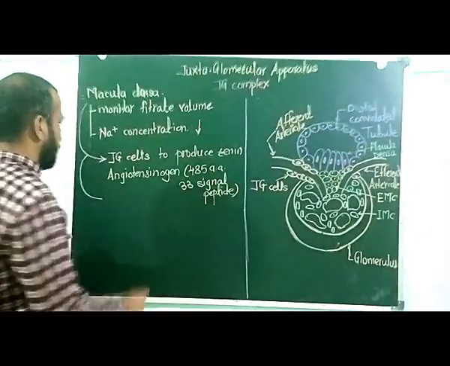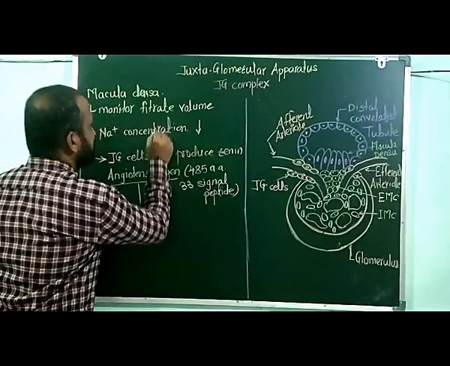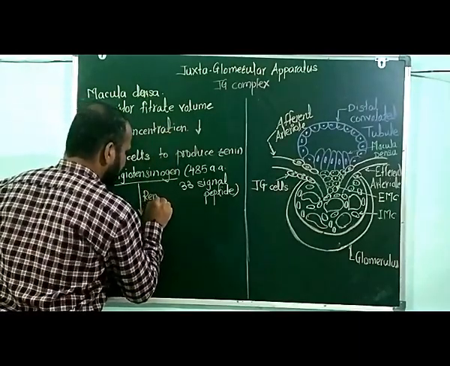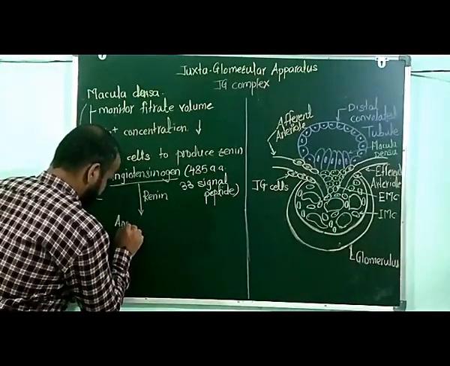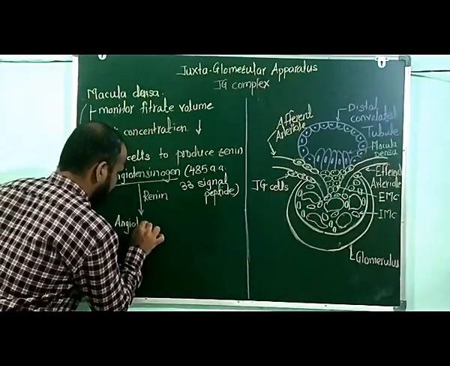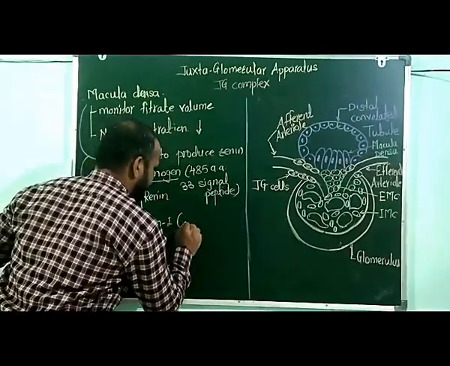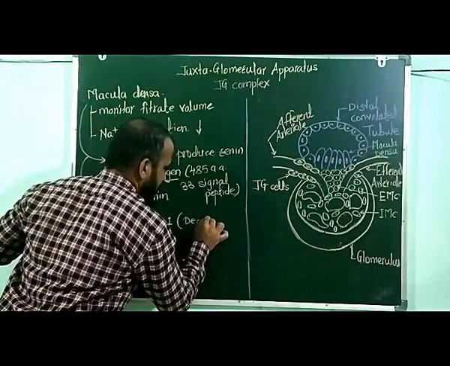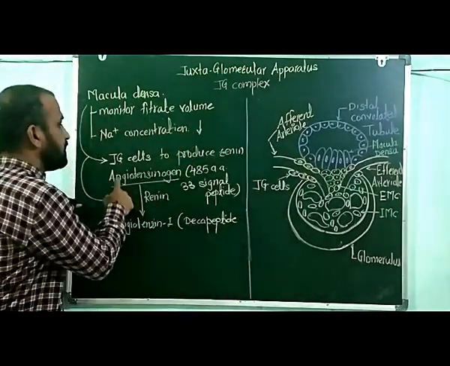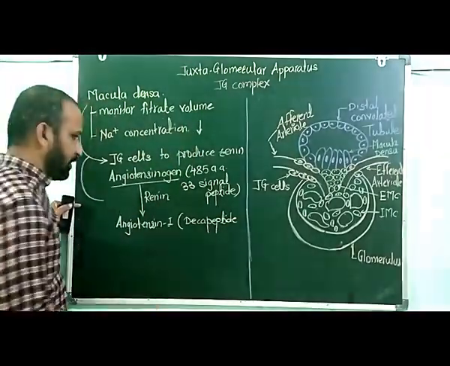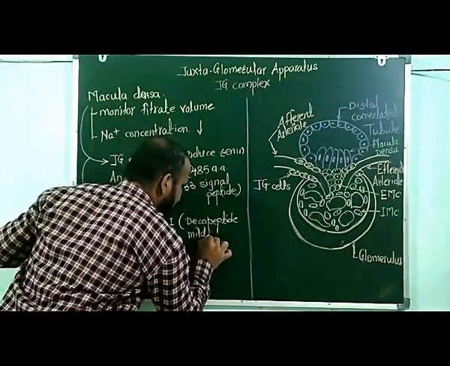Now, this angiotensinogen is cleaved by this renin from the N terminal to produce angiotensin-I, which is a decapeptide, means it has 10 amino acids from the N terminal of this particular angiotensinogen, and it is a mild vasoconstrictor.